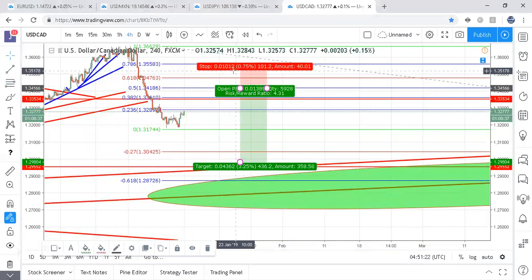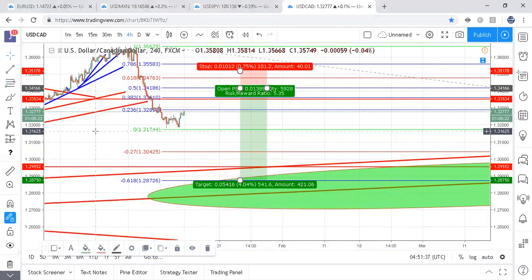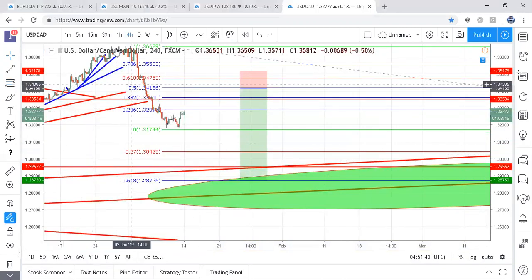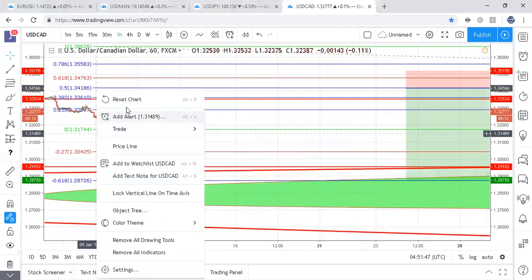And we're gonna put the stop loss right about there right now. That's what it's looking like from my point of view, but we're gonna keep zooming into this.